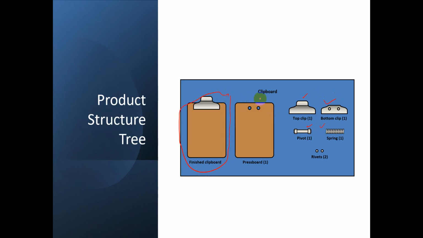But if you see the sub-assemblies and sub-materials, there are different kinds, like boards. There are press boards and the top clip, and on the back side the bottom clip and pivot and the spring and the rivets. Okay, generally this is the BOM of this particular product.